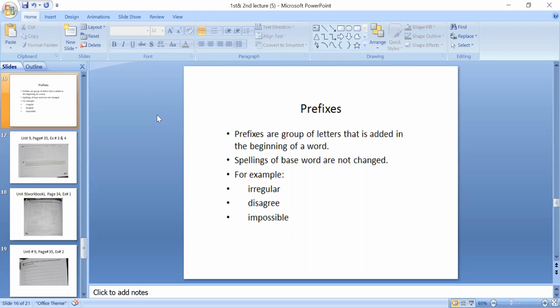Are all of you getting it? Students, now you have to take out your Language Tree workbook because you are going to do exercises. Bring your Language Tree workbook and your pencils must be in your hands. We are going to do exercises. Are your books and pencils with you?